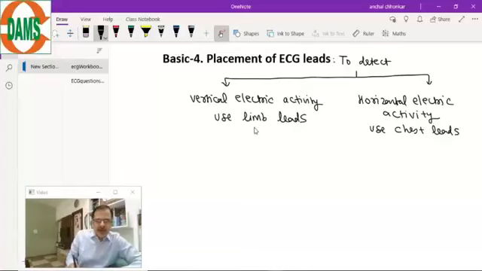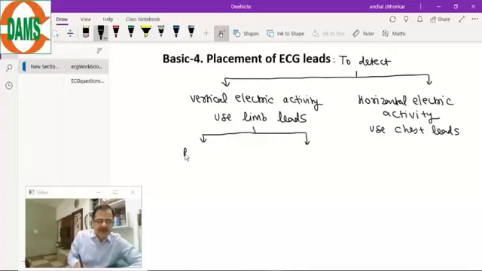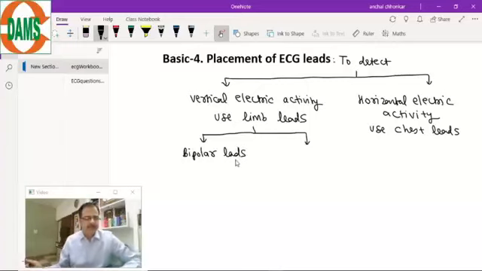And according to the nomenclature, these limb leads are further classified into two groups. One is known as the bipolar lead system, bipolar leads. Second, it will be unipolar leads.